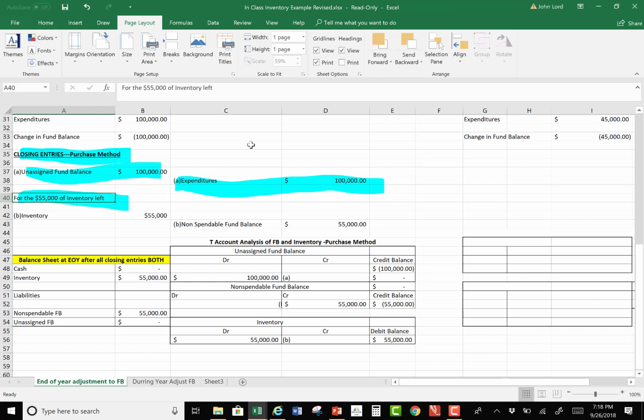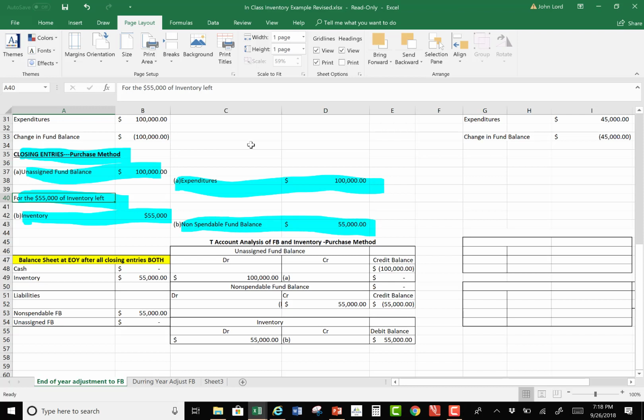So if I had 100,000 and I used 45, how much inventory is left? $55,000 of inventory is left, isn't it? Started with 100, used 45. So I simply debit inventory for 55,000 to bring it on the books and credit non-spendable fund balance.